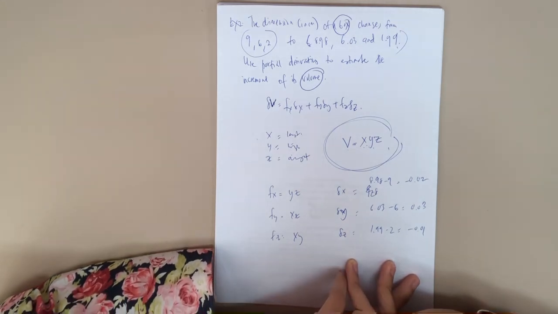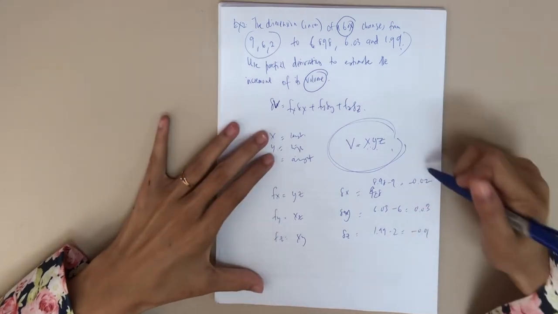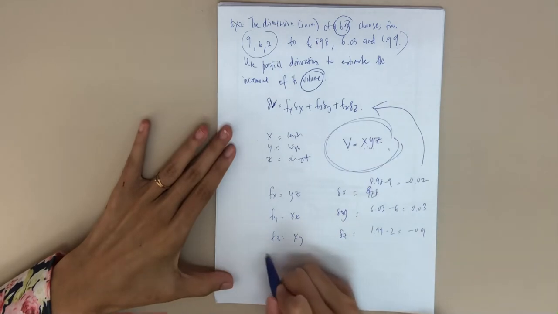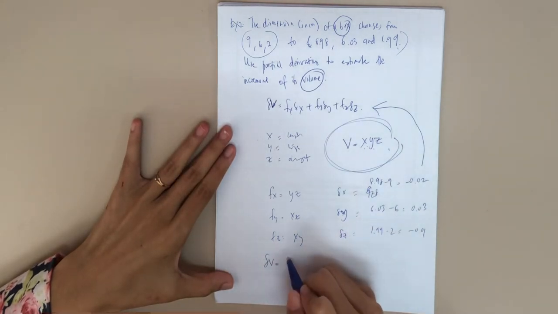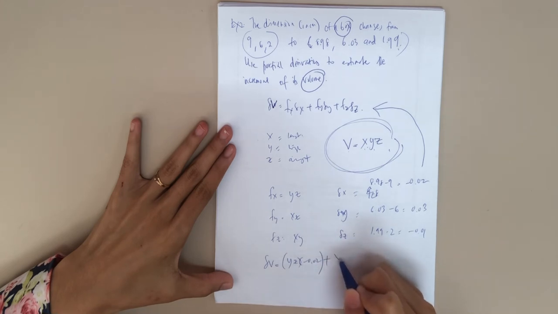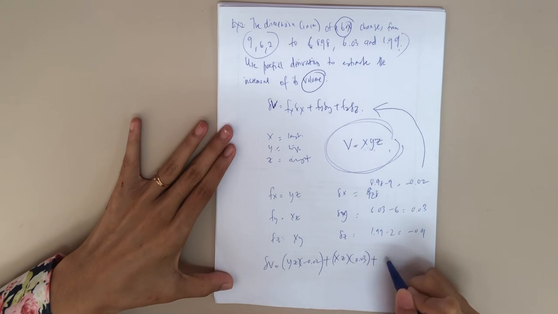Then we already have all the values that we need. You just substitute back into the formula. So your dV is yz times negative 0.02, plus xz times 0.03, plus xy times negative 0.01.